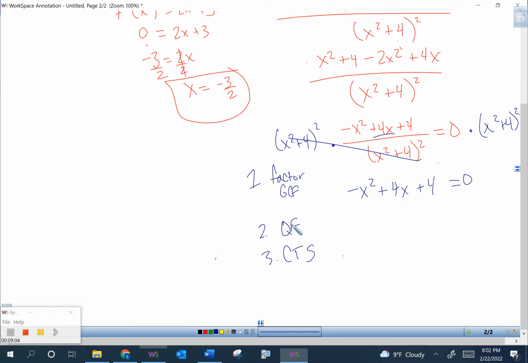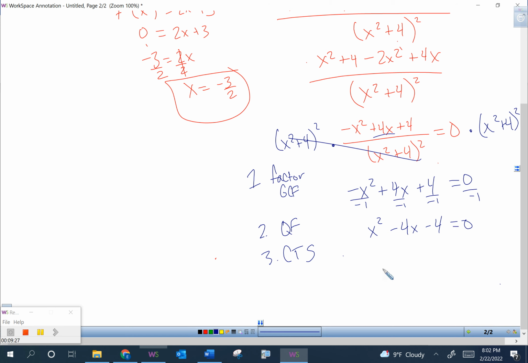Quadratic formula will work for every single problem. Okay, so we're going to look for a GCF regardless of which method we use here. Okay, what I'm going to recommend you do, when you see a negative here, I honestly would rather you just divide it out because I like my first number to be positive. So that'd be x squared minus 4x minus 4 equals 0. Okay, it's nice to have that positive.